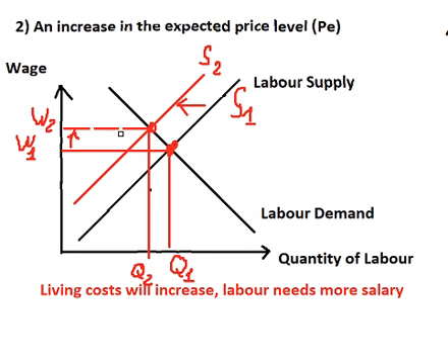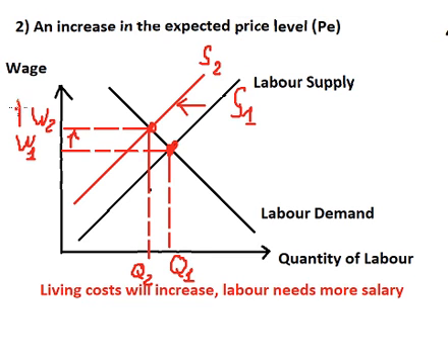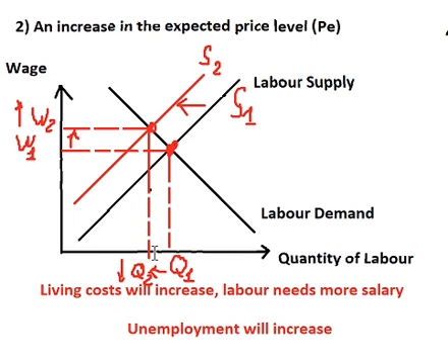So we increase the wage, but we reduce the quantity of labor. That means unemployment will increase, because we need less labor, which is why the wage can increase.